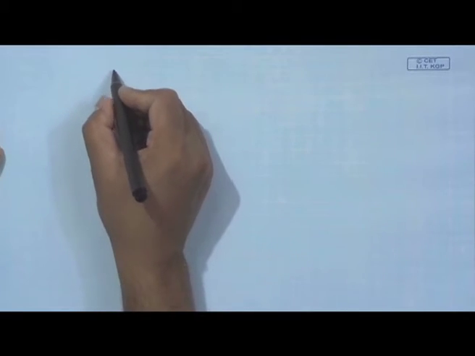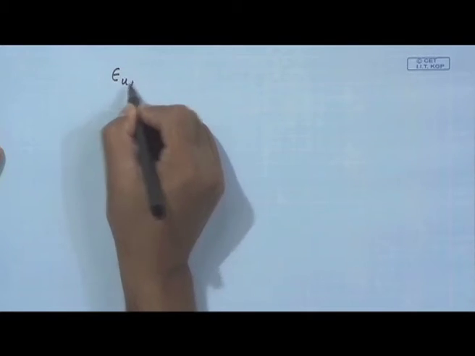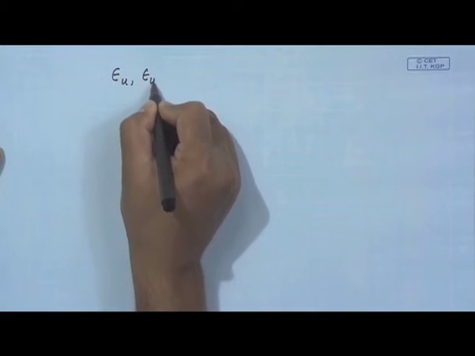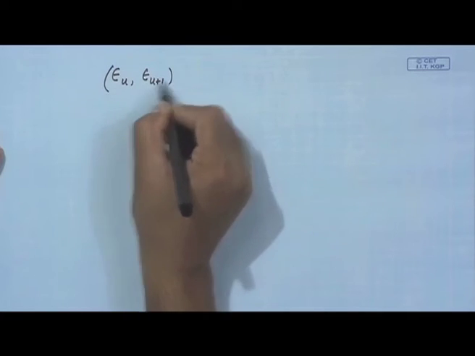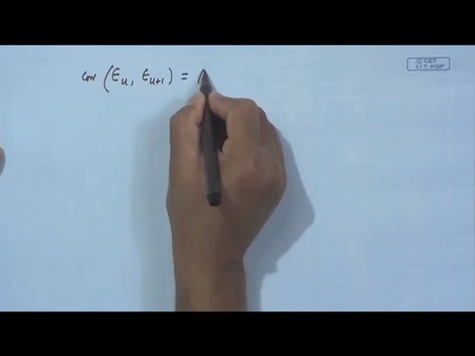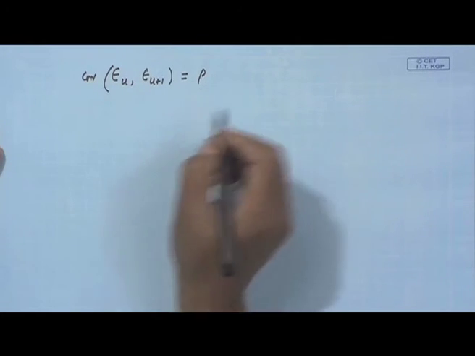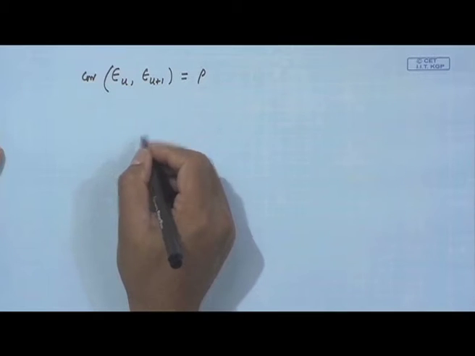Lag 1 correlation is the correlation between epsilon u and epsilon u plus 1, which is equal to rho, not equal to 0 if there exists lag 1 autocorrelation.